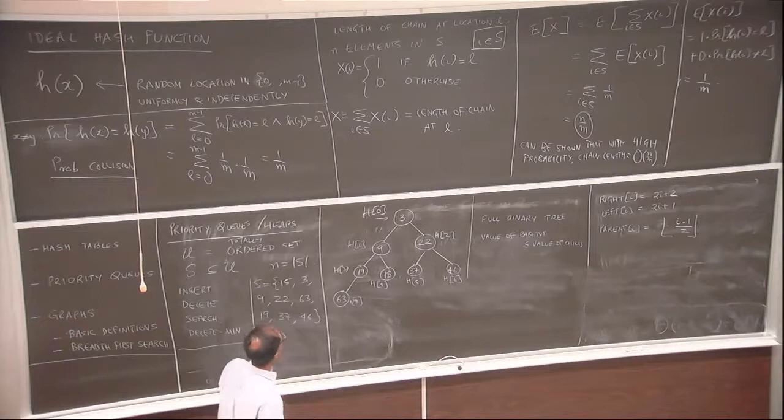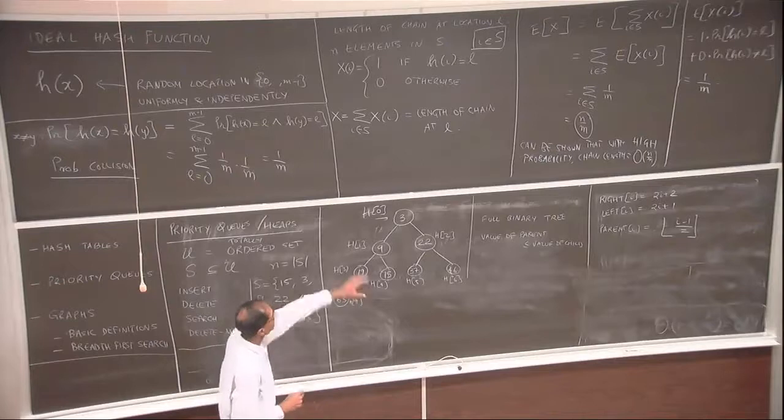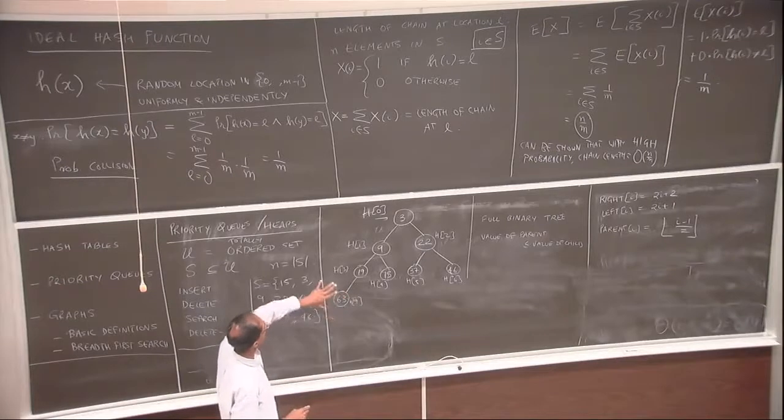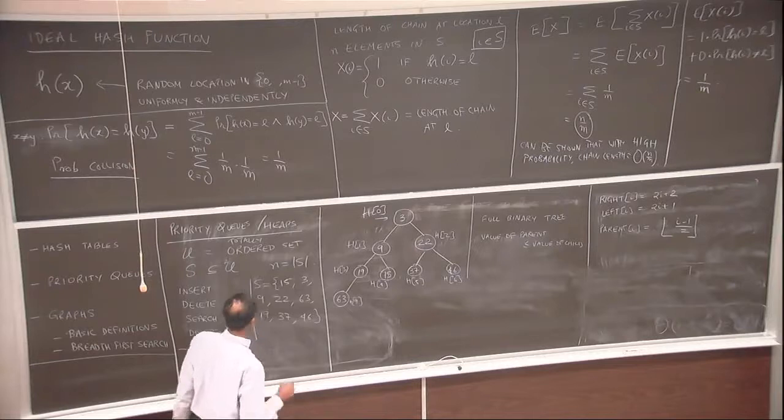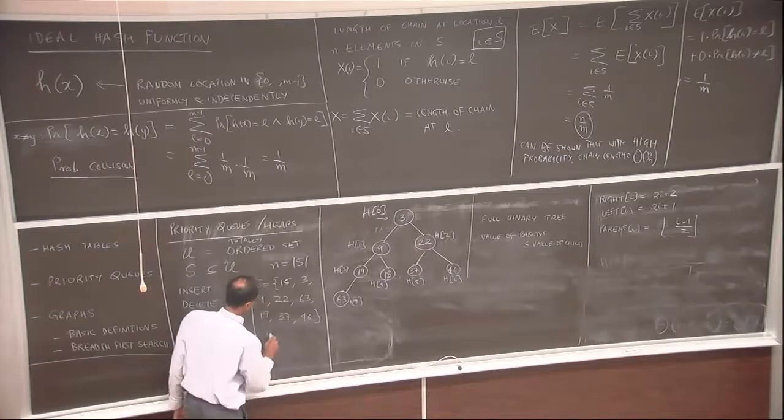I'm not going to go through the details. There's a lot of material out there we can look over. But let me just do a couple of examples of addition. So if you want to add a new element, let's say 17, you're doing insert of 17 to this.